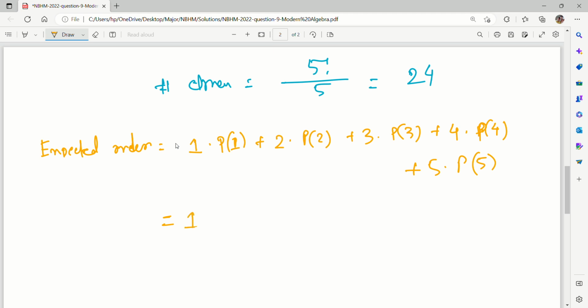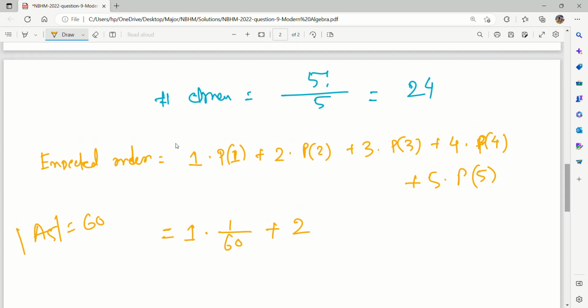The probability of order 1 is 1 by 60, since A5 has 60 elements.